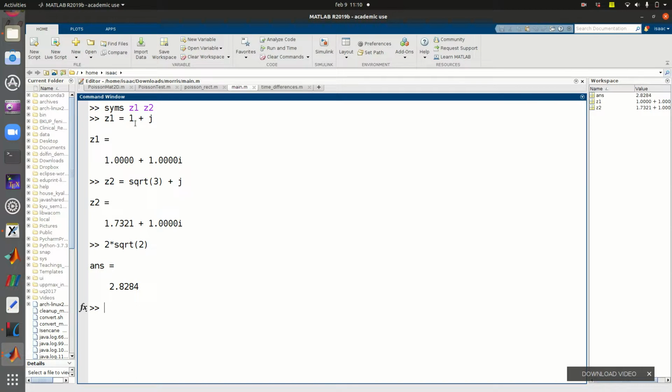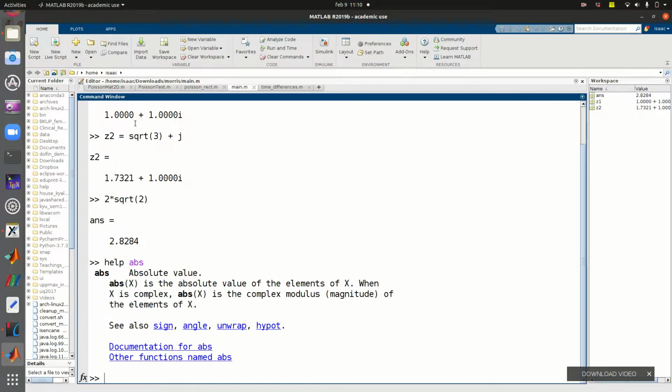But if we want the modulus, I think we can use absolute. If you want to check this out, you can always do help and then do that. Maybe you may not know the command directly, so perhaps you could just do help absolute. Let me see if this works.